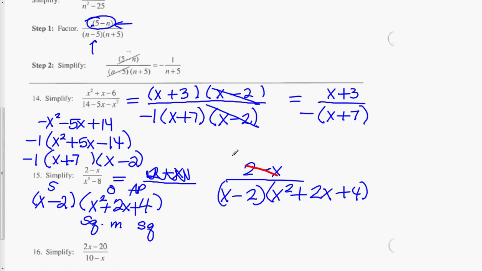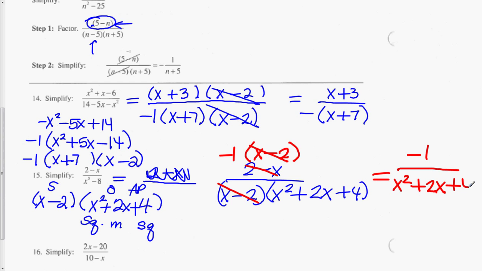I'm going to take out a -1 from that one, and I can flip that around and make it an x minus 2. Now you can see those would cancel. So I'm left with the -1 on top, and then the x squared plus 2x plus 4 on the bottom.